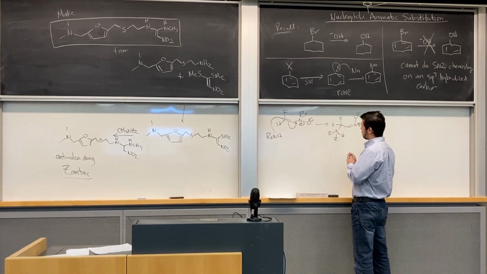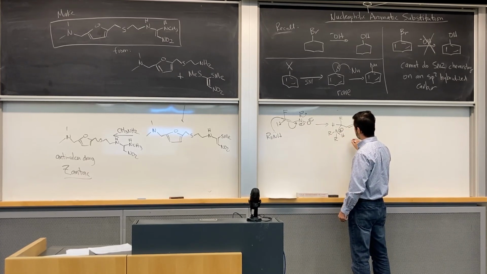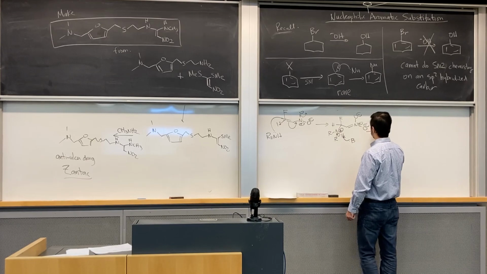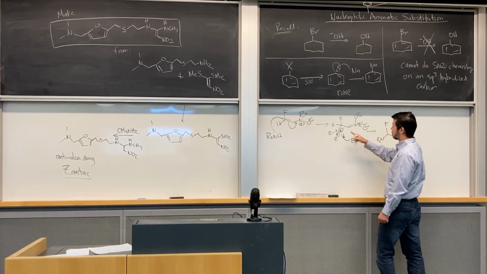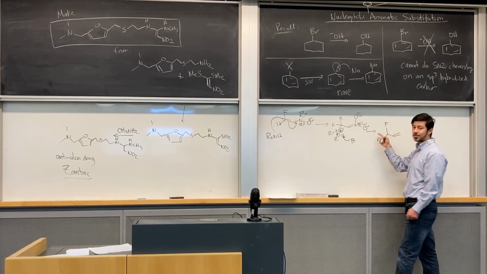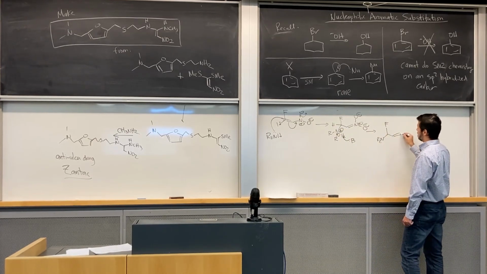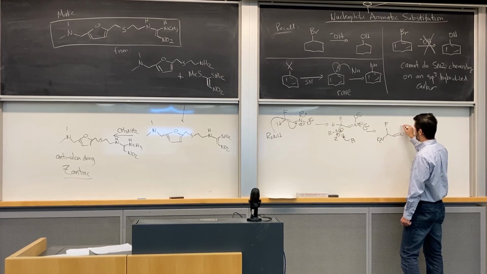Okay, we do a quick proton transfer. Your base will come and remove that proton. Just going to remove this hydrogen here. It's still there, you know that it's still there, but we don't need it when I draw it.